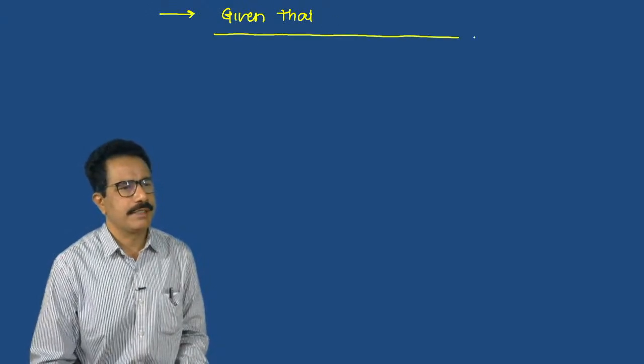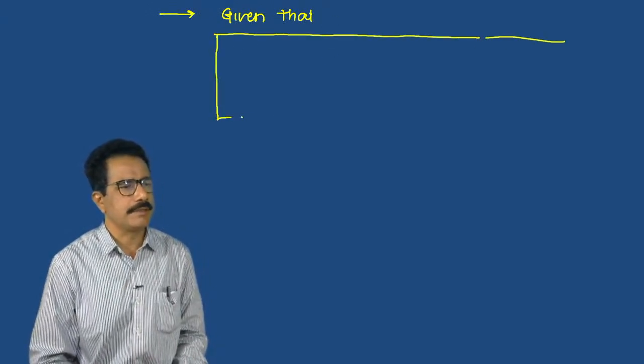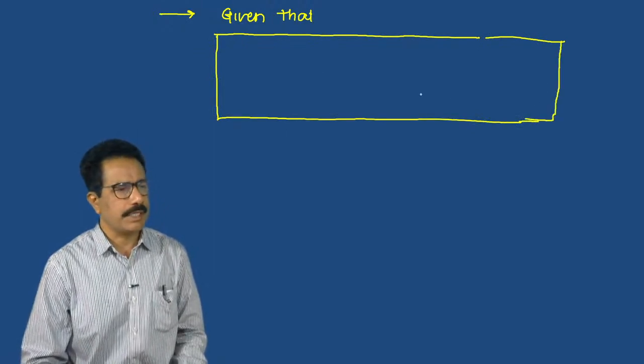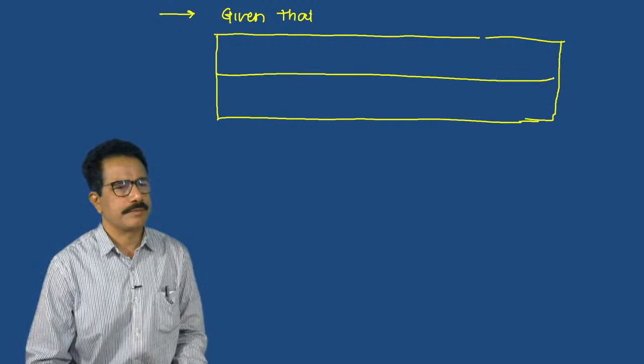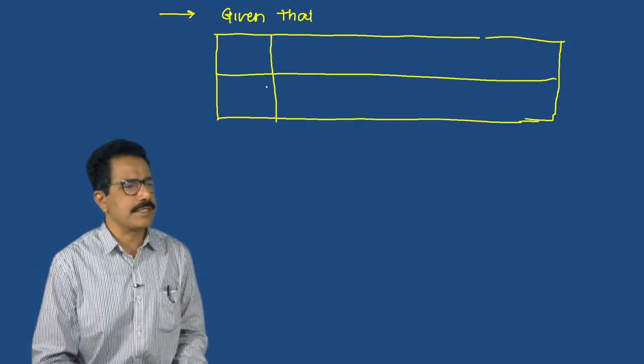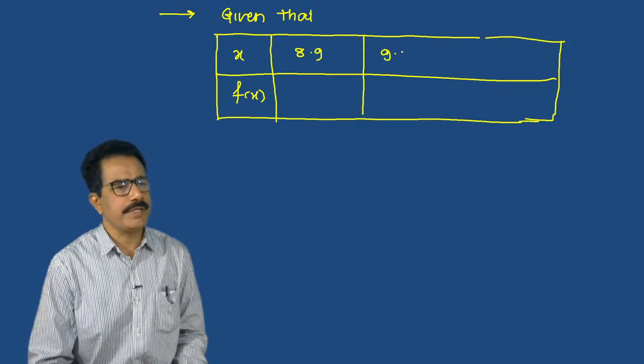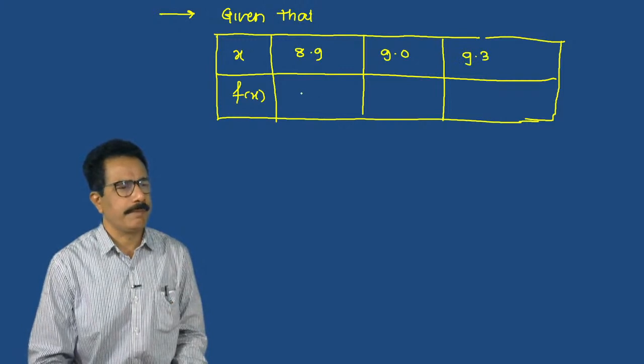Now the solution will be given; we shall write it in the form of a table. So this is x, this is f of x. The values of x are 8.9, 9.0 and 9.3.